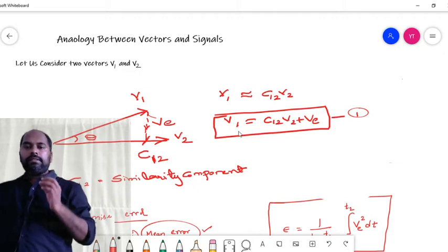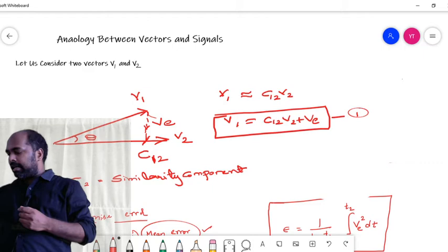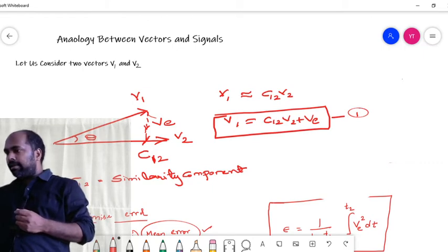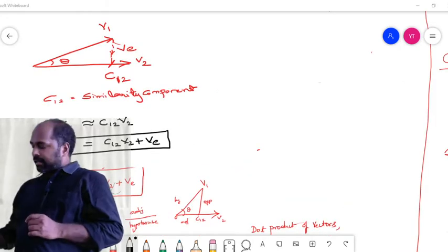This is the equation for V1. So now let us see the alternate ways of taking this.